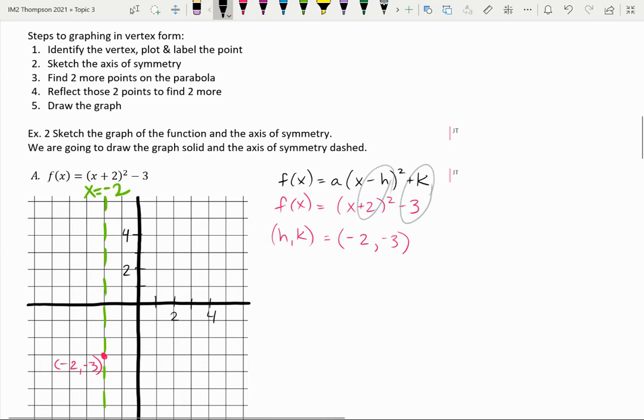We're going to talk about two different methods of graphing. I want to start off with making a table, and we're going to look at a pattern. From here on, you can use the pattern, or you can make a table, or both.